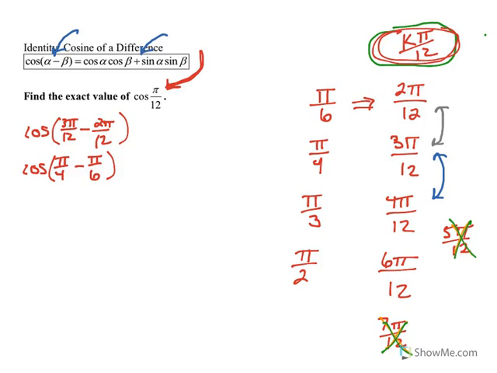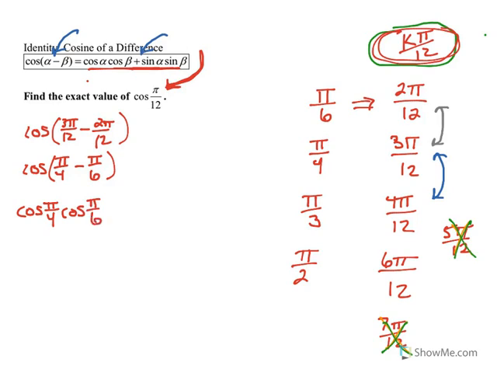And then go ahead and write the pattern. So if it's going to be a difference, we're going to follow this pattern. So it's going to be cosine alpha, where alpha is pi over 4. So cosine pi over 4, cosine of the beta, and the beta is pi over 6.